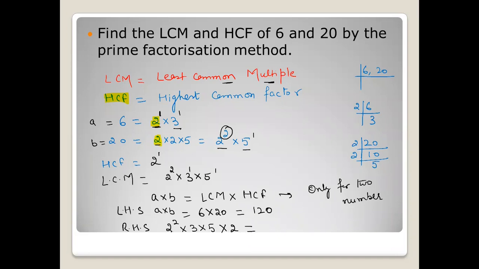So अब अगर हम मल्टीप्लाई करें, so let us see, 2 into 2 is 4, 4 into 3 is 12, into 5 is 60, into 2 is 120. So it verifies this formula. So this formula is very much important, that is A cross B is equal to LCM into HCF, that is only for two numbers.